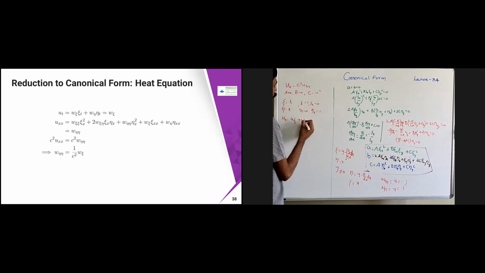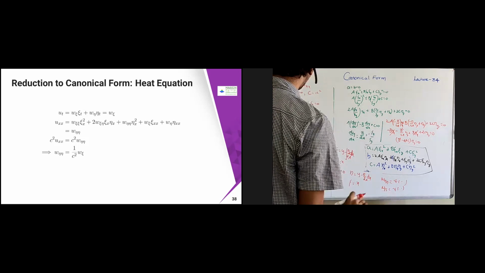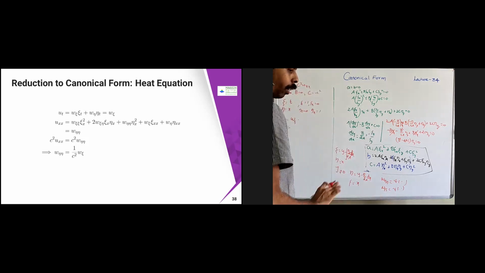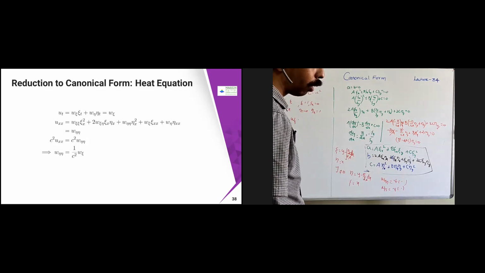Then w_eta eta_t is going to come, so that is going to be 0. And then u_xx is going to become w_chi chi chi_x square, which is 0, plus 2 w_chi eta chi_x eta_x.